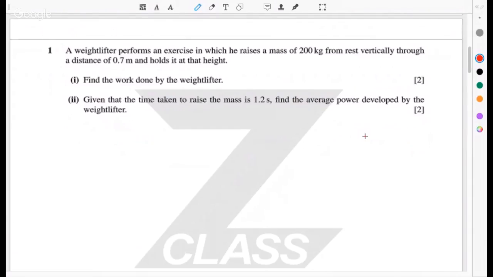So this is work done against gravity. And when you have a work done against gravity situation, it's just mass times the gravitational constant and times the height by which it is raised.